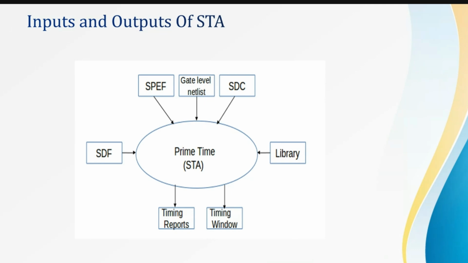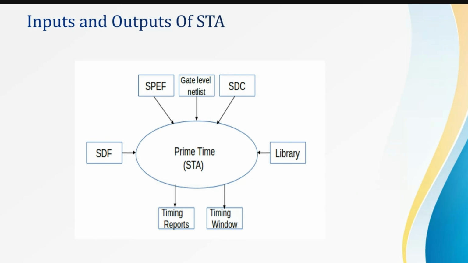The inputs you will be needing: the SPEF. It will be given from which team? It will be given from the PD team. And the gate level netlist will be given from the front end, like synthesis. And the SDC is also given from the synthesis team, like front end.